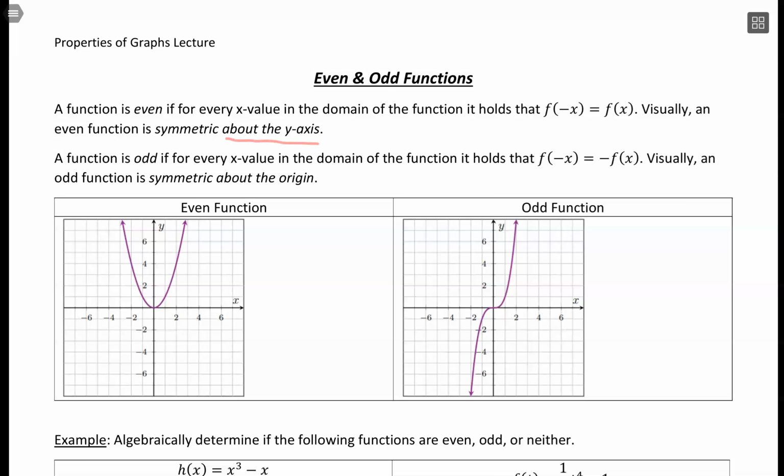Why that is: if I imagine that I have my y-axis here, the idea is that if I had heavy paint and painted along my function there, and then folded my paper in half along that y-axis, that function's going to land on top of itself. I'm just going to get a smear of paint on top of itself. It's not showing up anywhere new.